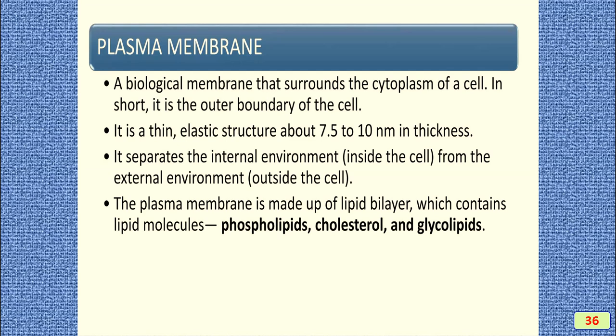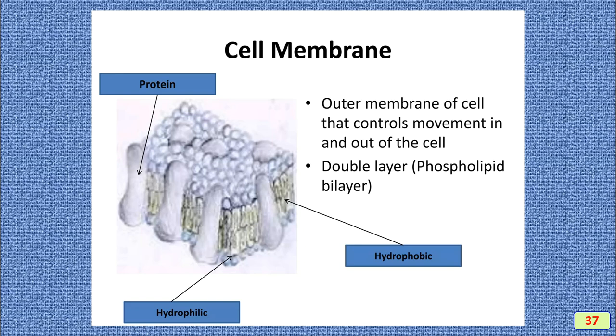The plasma membrane is made up of a lipid bilayer, which contains lipid molecules, phospholipids, cholesterol, and glycoproteins. These glycoproteins are a characteristic feature of cells. The cell membrane contains a hydrophobic moiety, and hydrophobic regions repel water-soluble material.